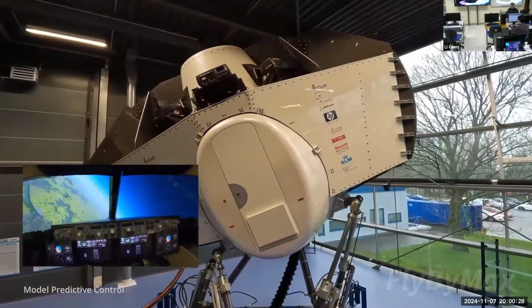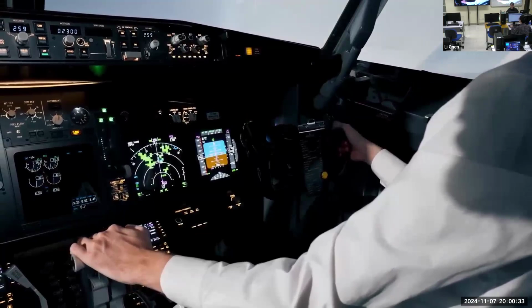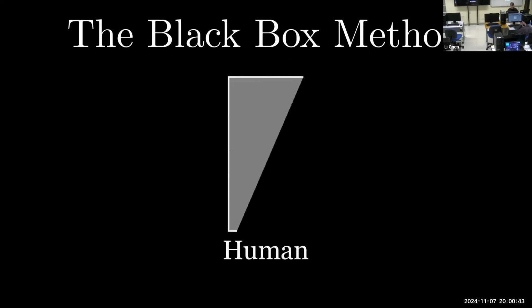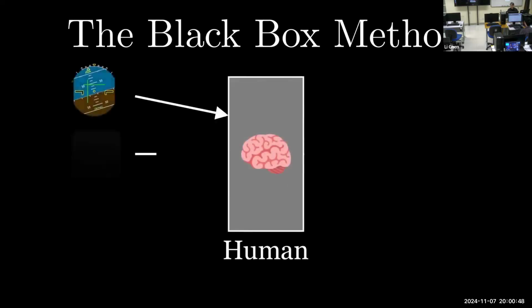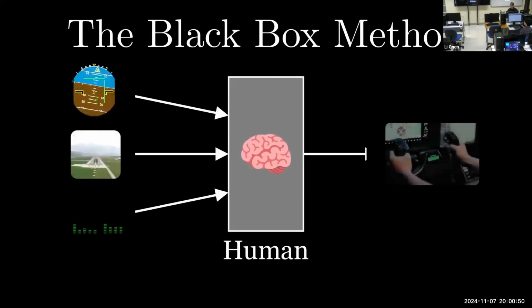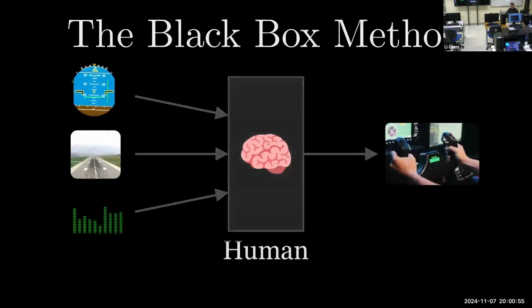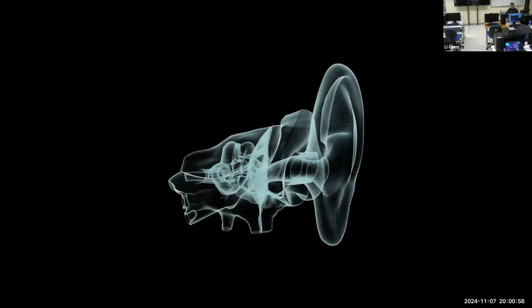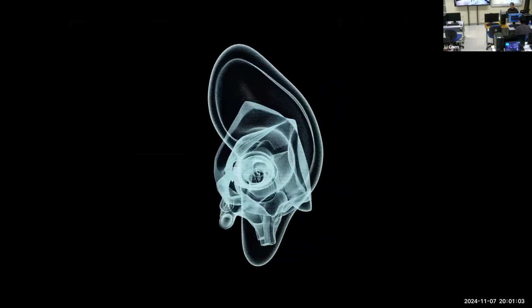For this, it's useful to think about humans having inputs and outputs. For example, during research, pilot behavior is often modeled with something called the black box method. This is where we imagine the human operator to be some unknown algorithm that takes a set of inputs from the environment, things like instruments, the view of the runway, and even sounds, for example. If we imagine humans as an algorithm, then one of our most important inputs comes from our vestibular system or inner ear, which can sense things like angular acceleration.